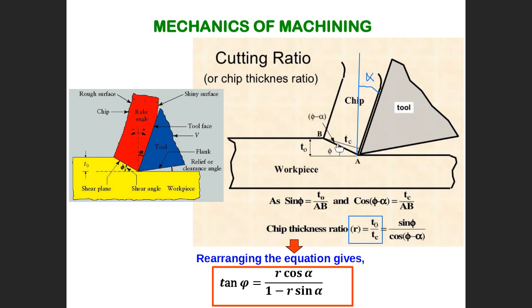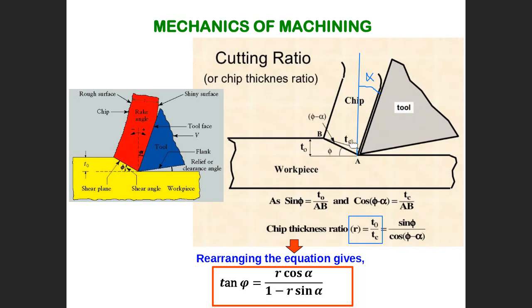This angle here, can you see that? This angle is phi minus alpha. Then AB equals what? This is the diagonal, right? This is AB. This is a right angle, so this is a right triangle.